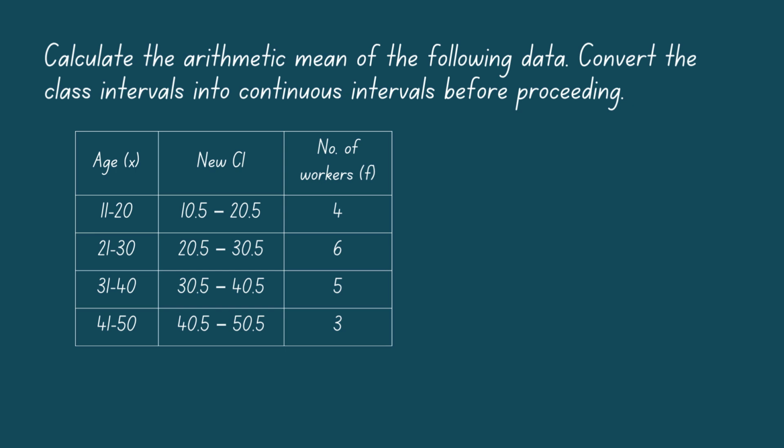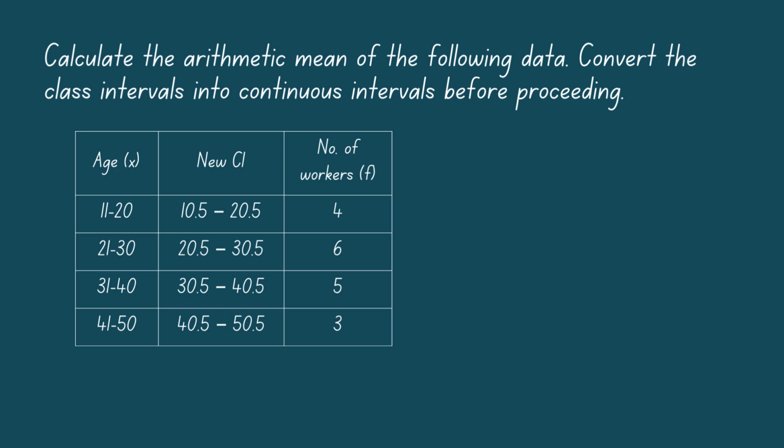Now let's apply this. So we have the first class 11 to 20. We are going to subtract 0.5 from 11 and add 0.5 to 20. So this becomes 10.5 and 20.5. Second class, we are again going to subtract 0.5 from 21 and add 0.5 to 30. So that becomes 20.5 to 30.5.